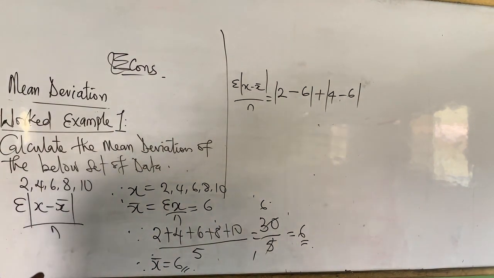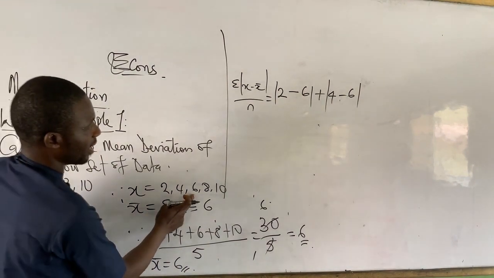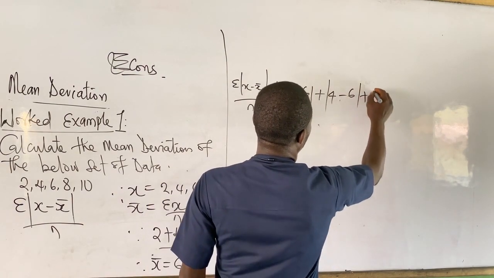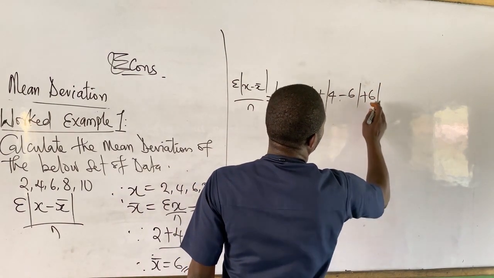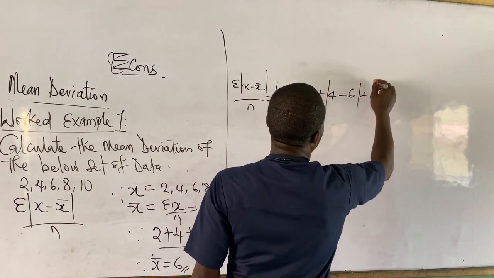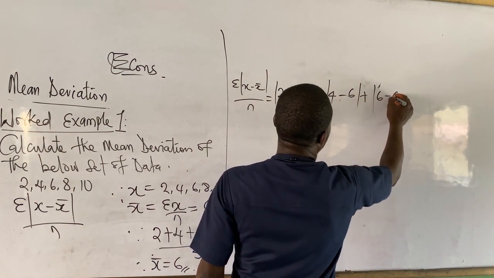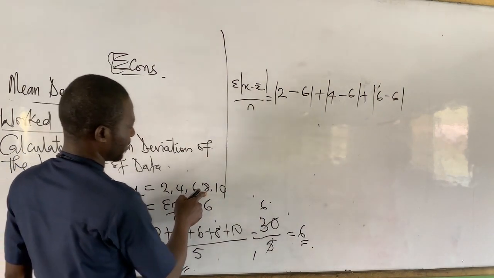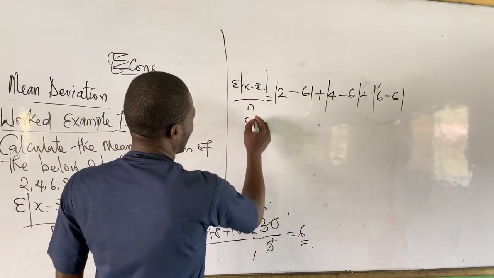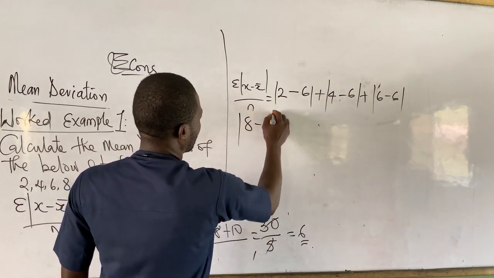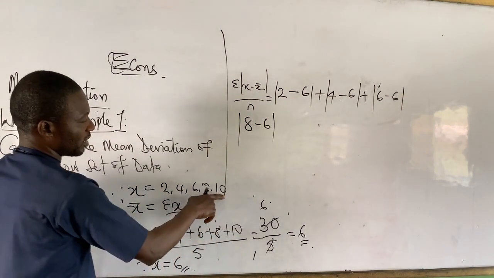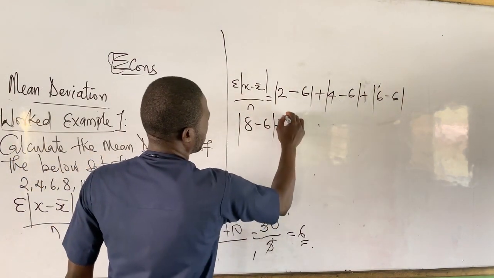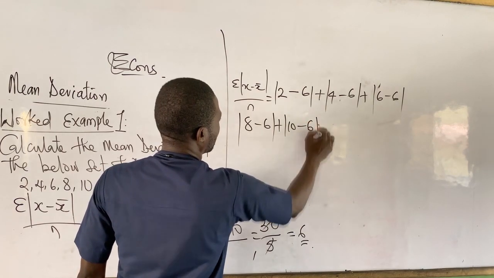Now, when we look at it very well, we notice that we still continue with the data. Here is 6 also. We have plus 6 minus 6. Not only that, we continue. 8, the next data, 8 minus 6. We continue. The next data is 10, plus 10 minus 6.